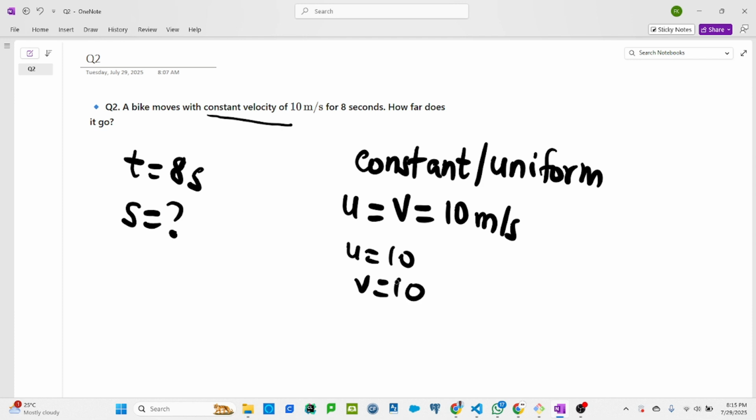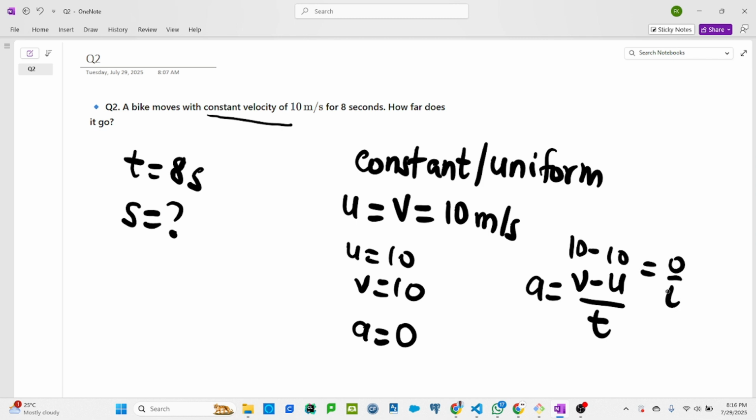Another thing to note is that whenever they say constant velocity or uniform velocity, acceleration is zero. Because we learned that acceleration is equal to v minus u all over t. If the values are the same, 10 minus 10 gives us 0 over t, and 0 over any number is 0.